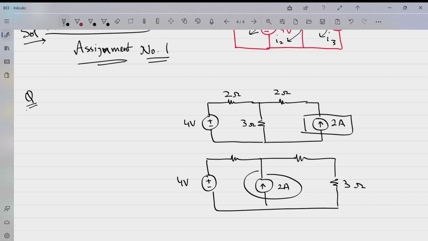If your current source is located between two meshes, it is not located towards an extreme of a mesh, then this is another case. So case 1, ये तो simple है.